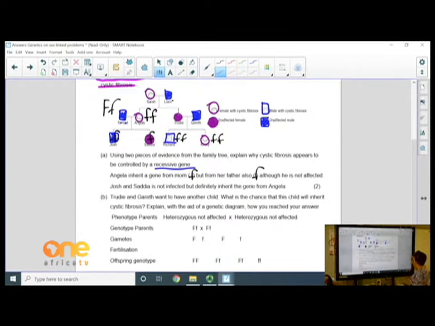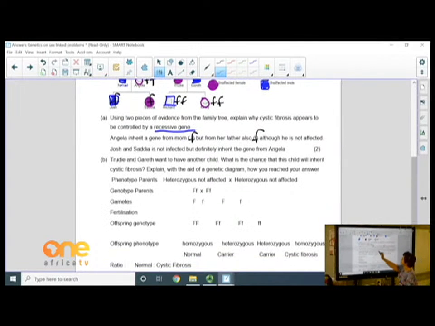So, if we look at the phenotype of Trudy and Gareth, they are heterozygous, not affected, crossing with heterozygous, not affected. The phenotype of the parents looks like that, and when we look at the gametes, and please remember, we always circle gametes, we will see that there are possibilities.